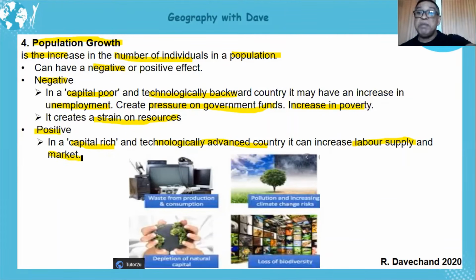So what happens is people have the skills, they develop skills, they're working, more people need goods, they've got the money to buy it, greater production. Can you see it? Okay, some little diagrams here. It shows you consumption increases, waste production, all right, depletion of natural resources.